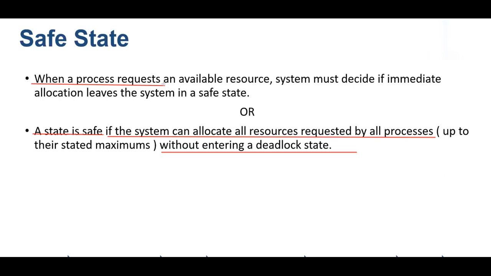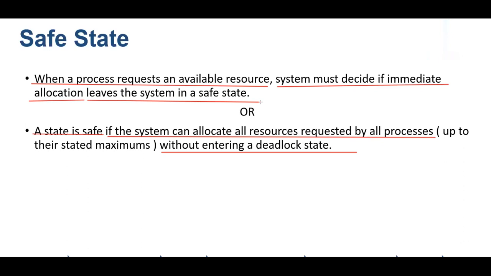So now the second definition. When a process requests an available resource, of course, when the process arrives, it will request the free available resources. The system must decide if immediate allocation of those resources leaves the system in a safe state or not. It means that if the system allocates those resources immediately, what will be the system state? Will the system face a lack of resources or not? If the system is facing a lack of resources, that means the system is not in the safe state.